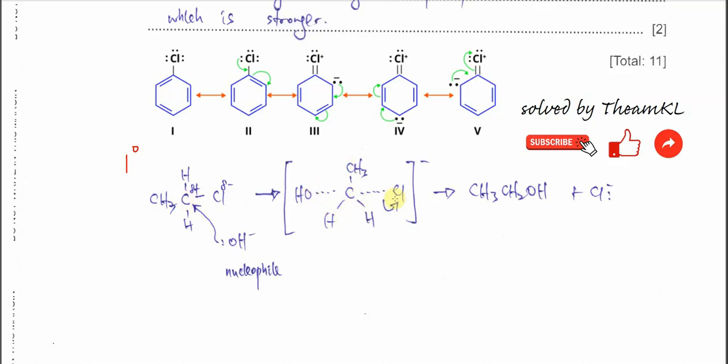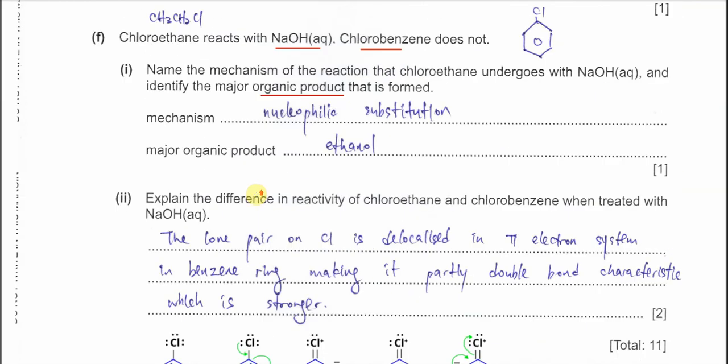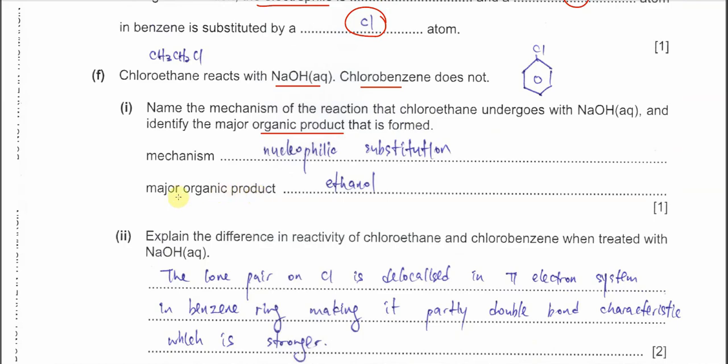Then the C-Cl bond will break and it will form chloride, and it will form ethanol, the alcohol. So the major product from this nucleophilic substitution is ethanol. Why? Hydroxide is a nucleophile. It substitutes the chlorine. So we call it nucleophilic substitution. Major product is ethanol, as I told you just now.